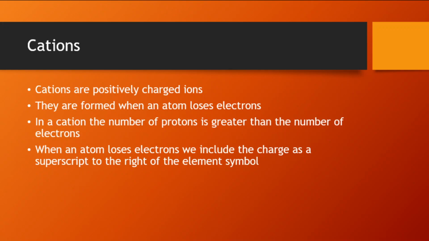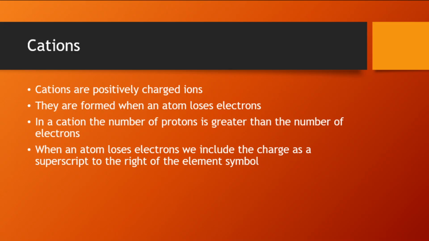Now, a cation is a positively charged ion. Now, in order for a cation to form, in order for it to be positively charged, that means that your atom needs to lose electrons. So anytime an atom loses electrons, we're going to refer to it as a cation.